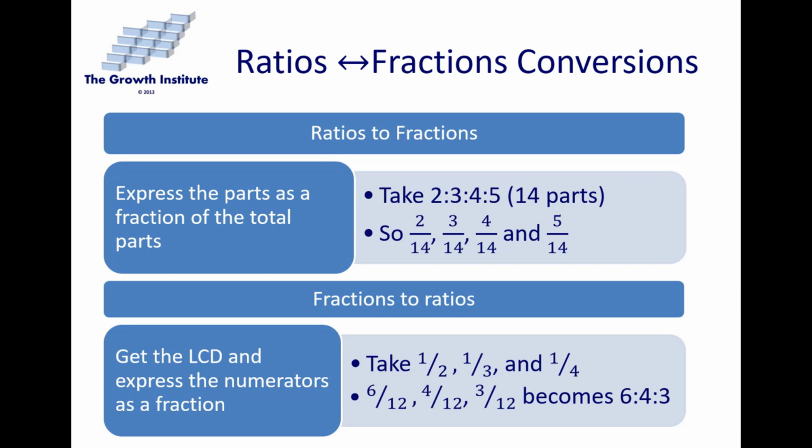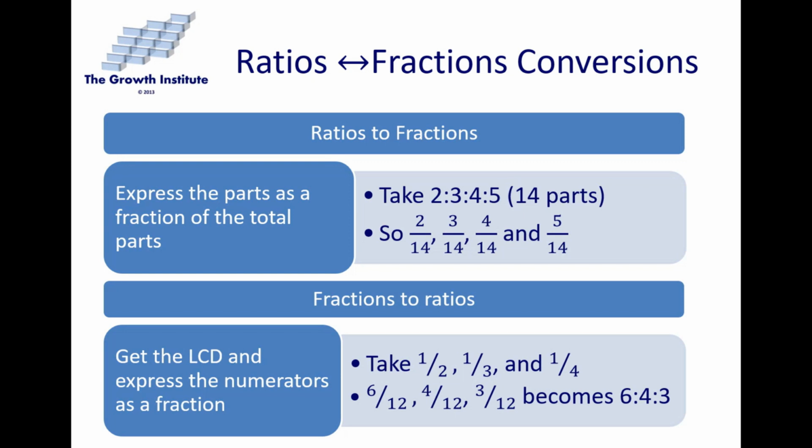Why? Because 2 plus 3 is 5, plus 5 is 10, plus 4 is 14. Then we express it as a fraction of the total. So we have 2 out of 14, 3 out of 14, 4 out of 14, and 5 out of 14. So each one of those parts of that ratio can be expressed as a separate fraction, as we've done there.